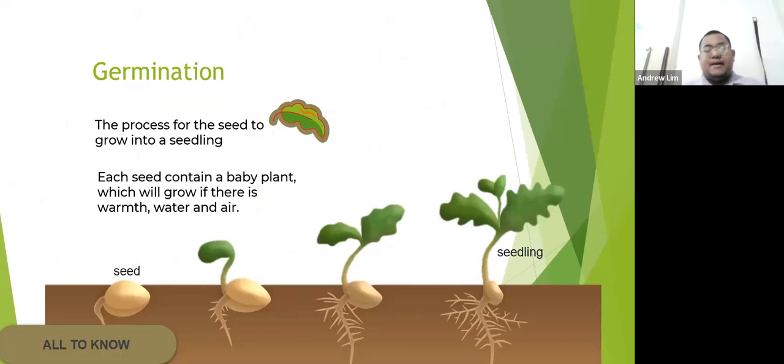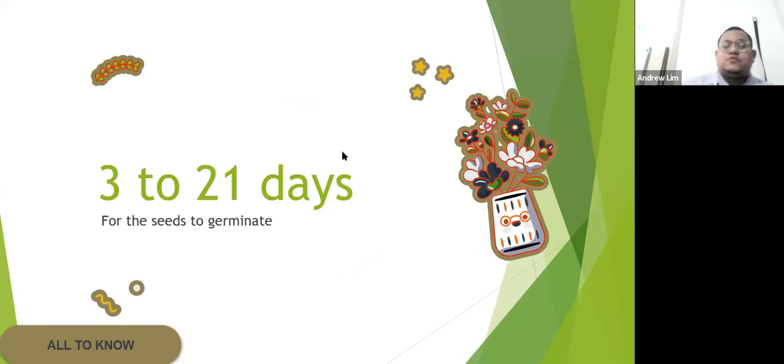Germination, just to recap, is a process for the seeds to grow into a seedling. Each seed contains a baby plant, which will grow if there is warmth, water, and air. So just to recap, it will take 3 to 21 days for the seeds to germinate.